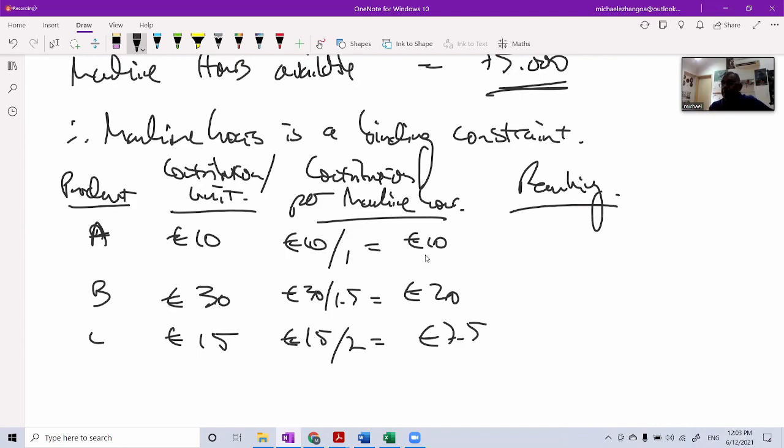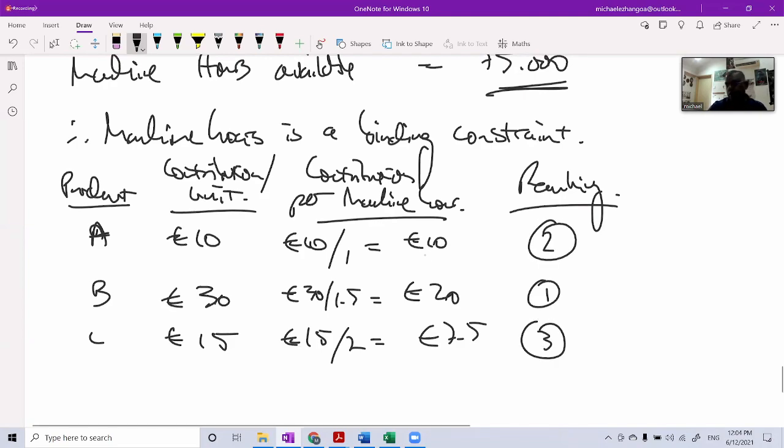Now, the mistake people make is they rank based on the contribution per unit. No. If your constraint is machine hours, you have to rank based on contribution per machine hour. Remember what I said? When you have a binding constraint, you want to allocate the machine hours to where they can generate the highest contribution per hour. B will be ranked 1, A is 2, C is 3.